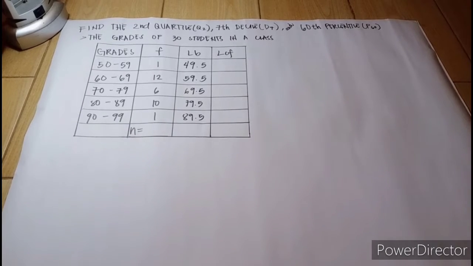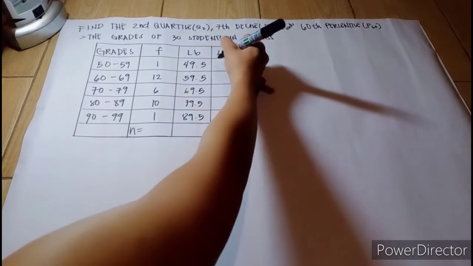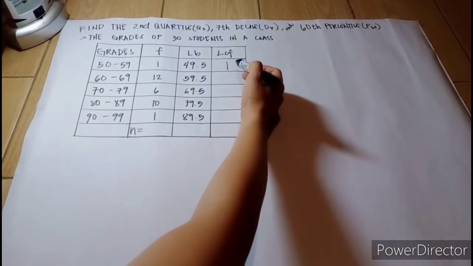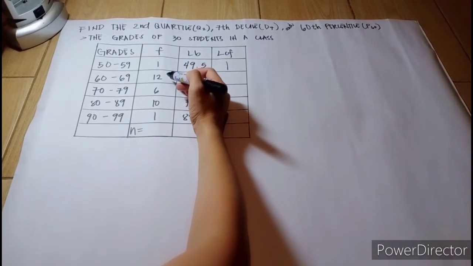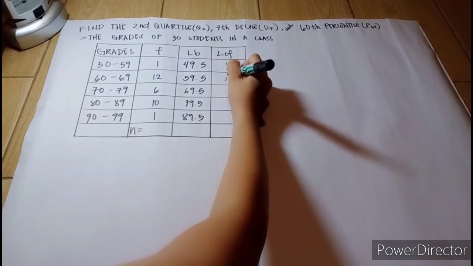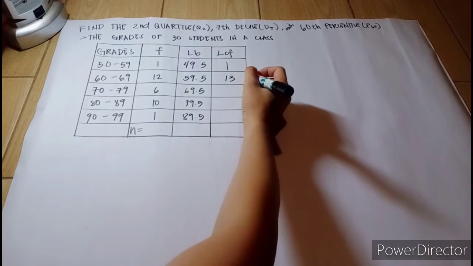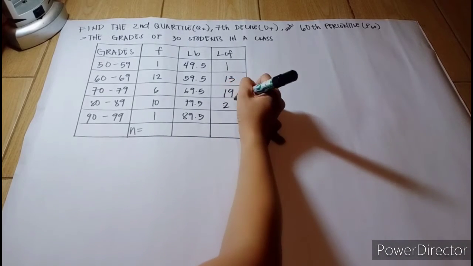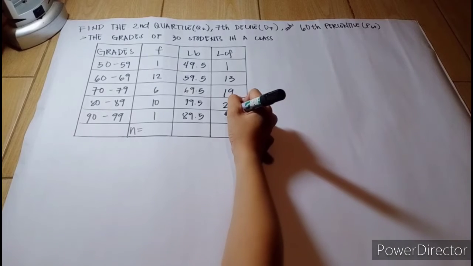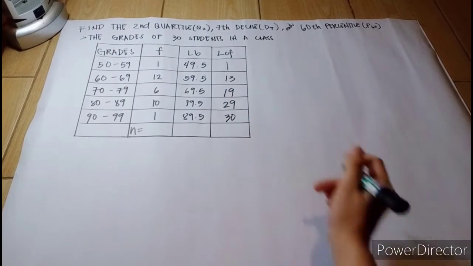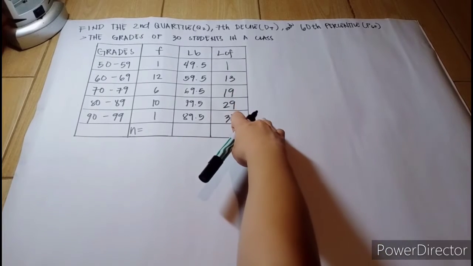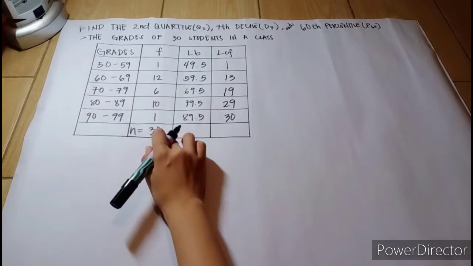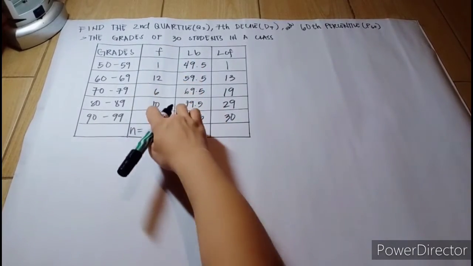So we copy only the frequency, 1 plus 12, that's 13, plus 6, that is 19, plus 10, that's 29, plus 1, that is 30. Since 30 is the last digit, our n is also 30. To get the n, we need to add the frequencies.